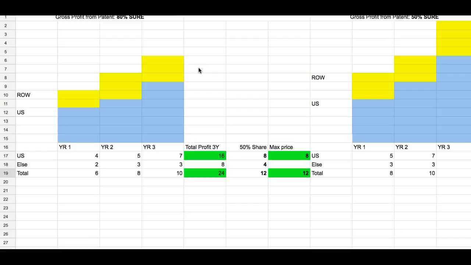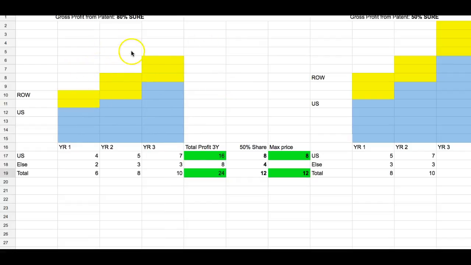For example, if I need to pay this price, 12 million, and I estimate that it is very likely, this is what I will try to share with my seller.